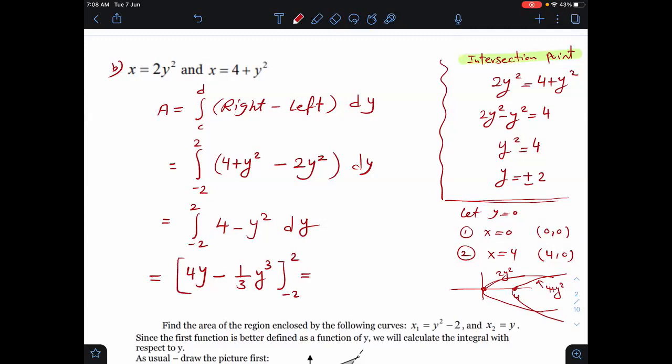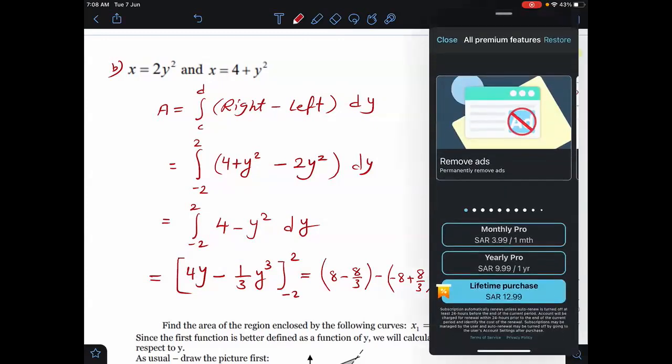When y is 2, we have 8 minus 8 over 3, minus, when y is negative 2, we have negative 8 plus 8 over 3. Okay, so 8 and 8 is 16, and the negative 8 over 3 minus 8 over 3 gives a negative what? 16 over 3.